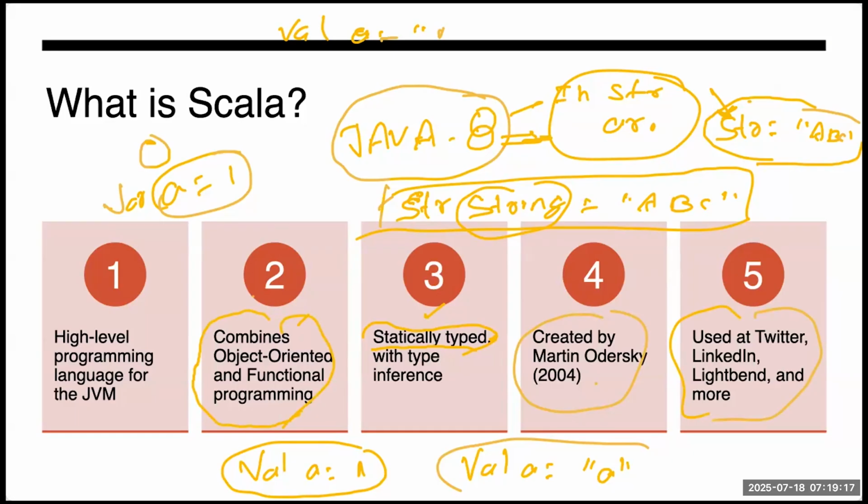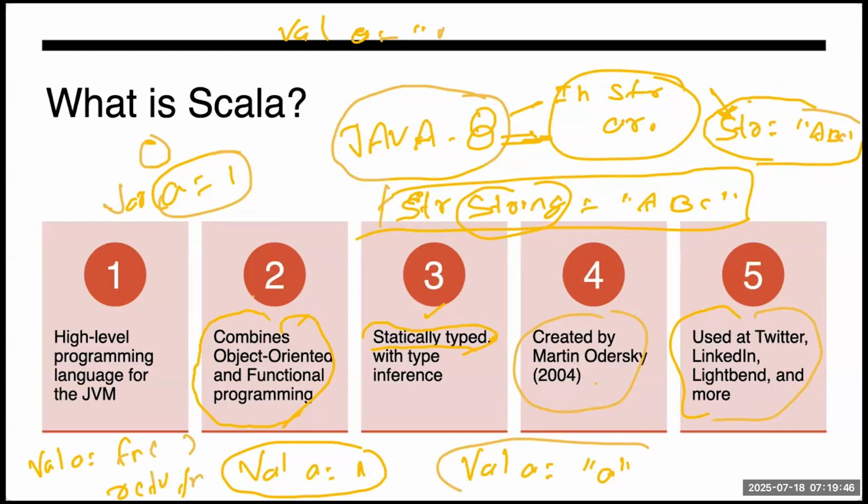Whenever we say first class citizen, it means we can assign it to a variable. Let's suppose you have a variable a. In the variable a, you can write any function, you can assign that. And you can return a function as output from any program. So those things can happen.